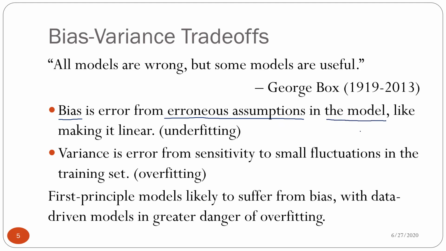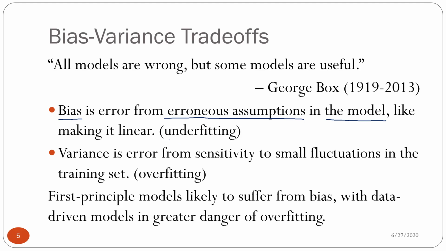If you have an assumption about the model which is totally wrong, then you might get an error which will be called the bias. Again, as an example, if you assume that you'll be using a linear model for certain data which is not linear, then you will have errors, and this error will be called bias.